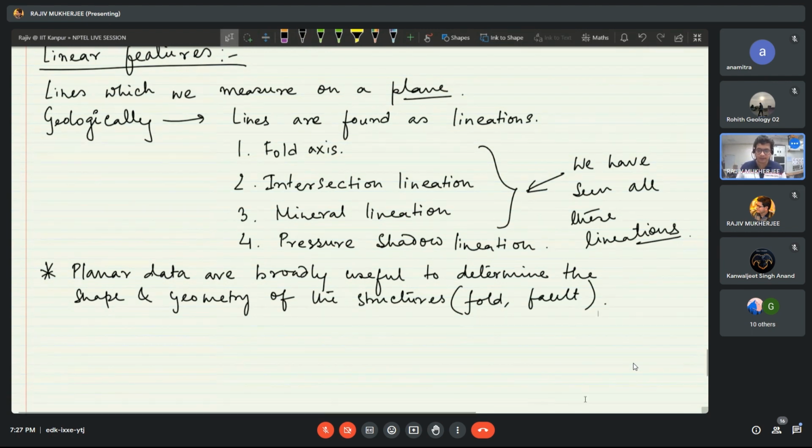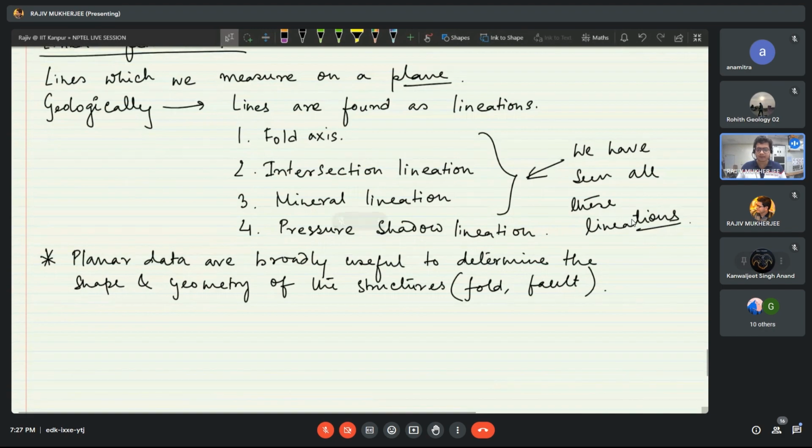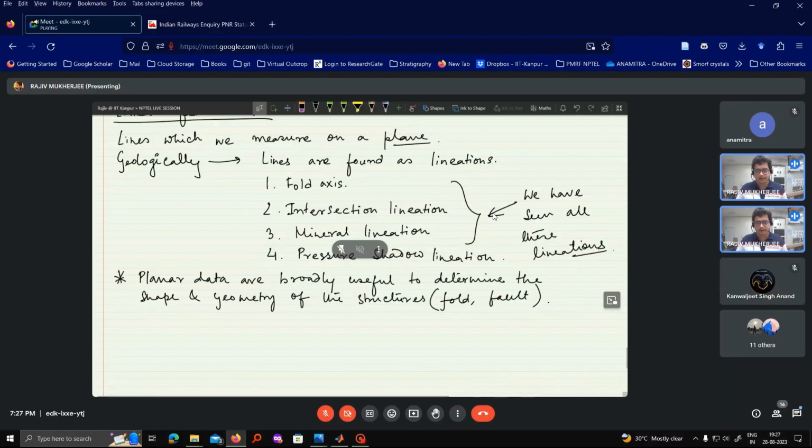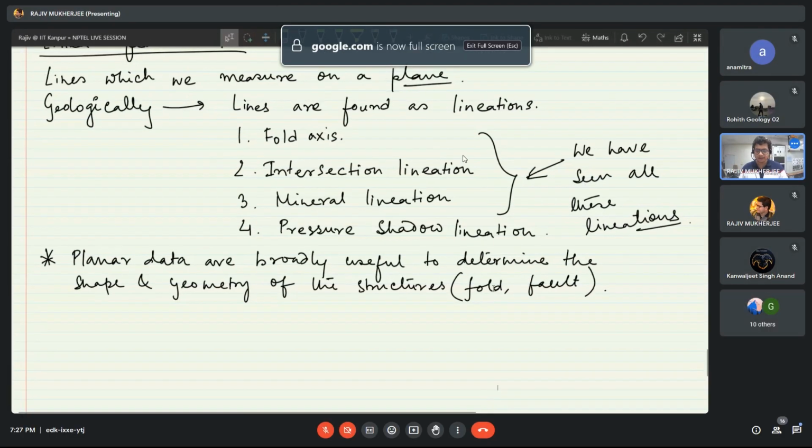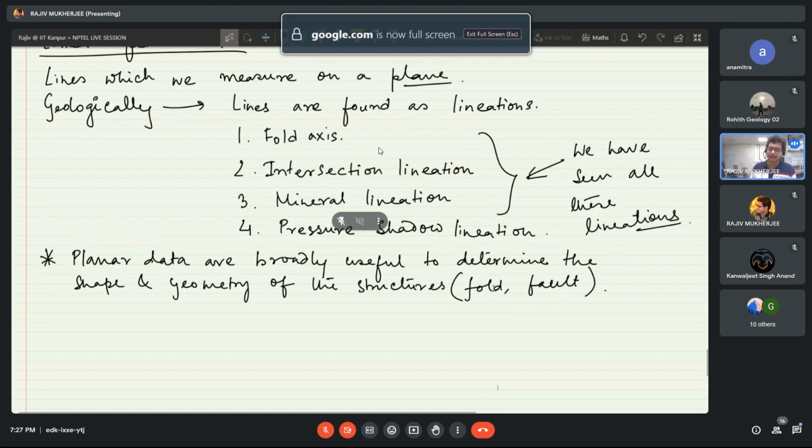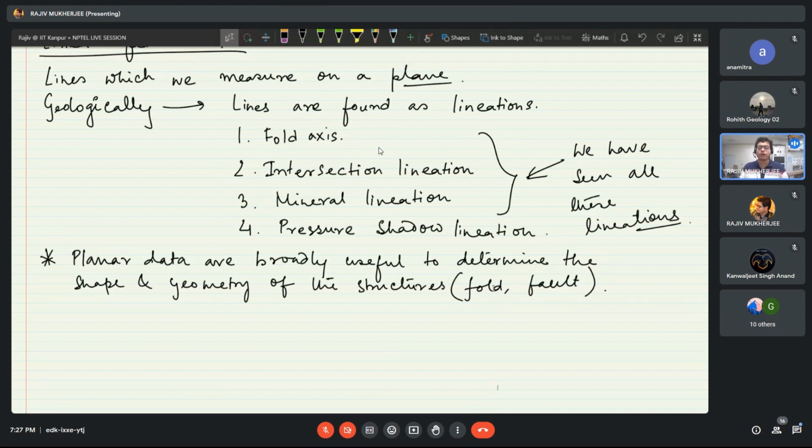Whenever we plot the planar data, from their interrelation we can get an idea about whether we are seeing a fold or a fault or something like that. However, linear data are more useful if interpreted correctly.